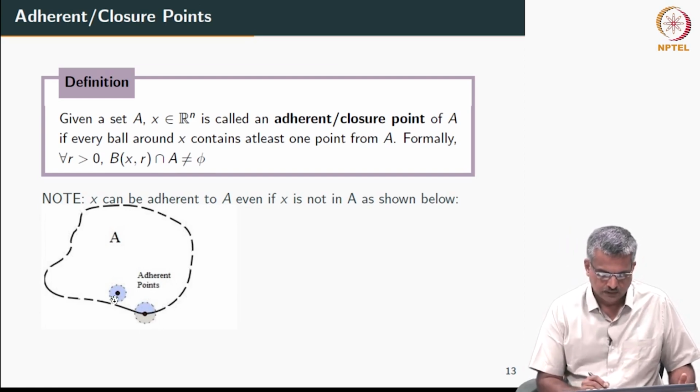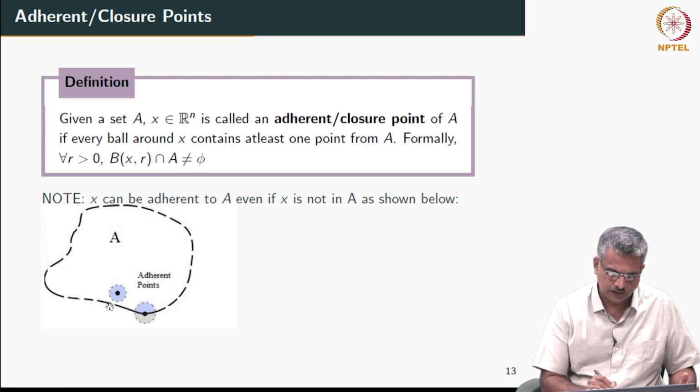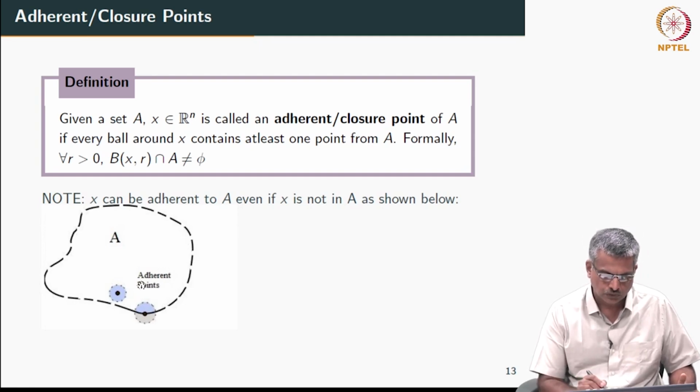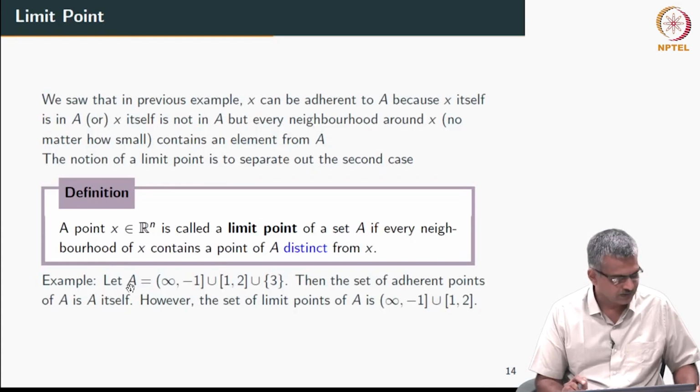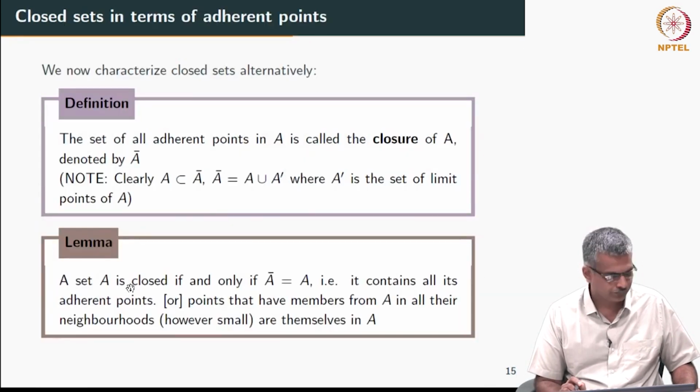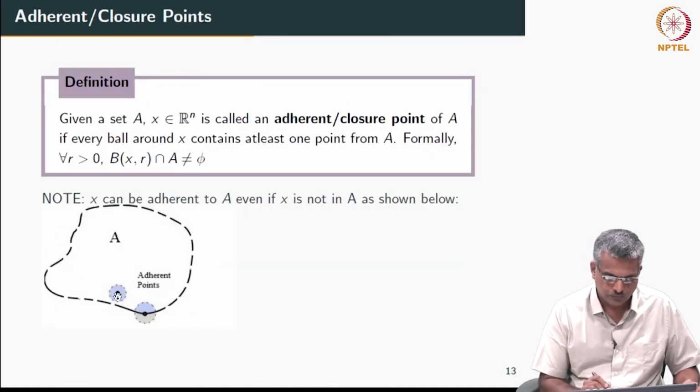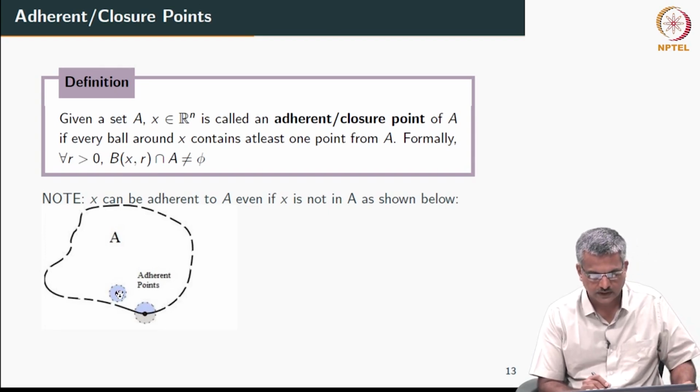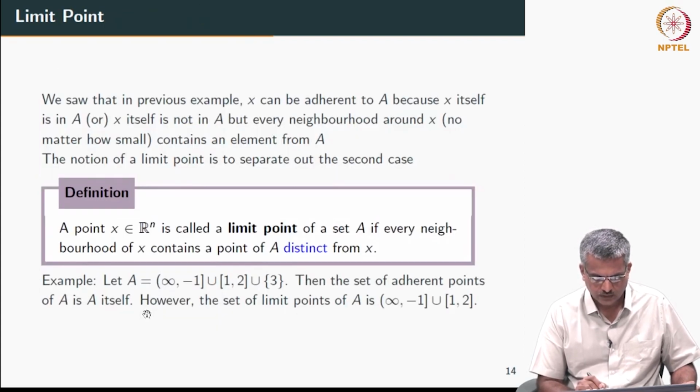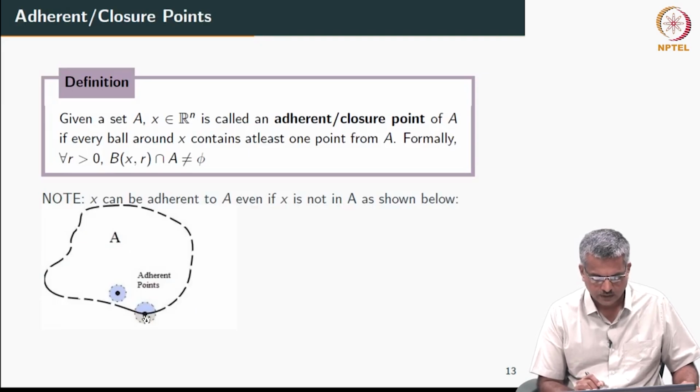In this figure, you can see that there is a set A, and I denote by dotted lines that the points on the boundary do not belong to the set A. Obviously, if you take a point inside the set, then every neighborhood of this point contains an element of the set A. However, if you take a point outside, then no matter how small the ball you choose, you will never be able to reach the set.